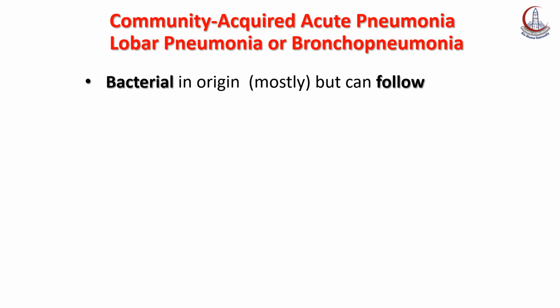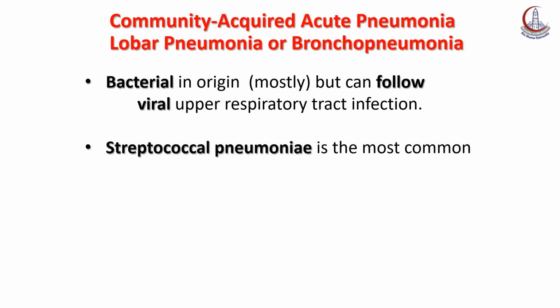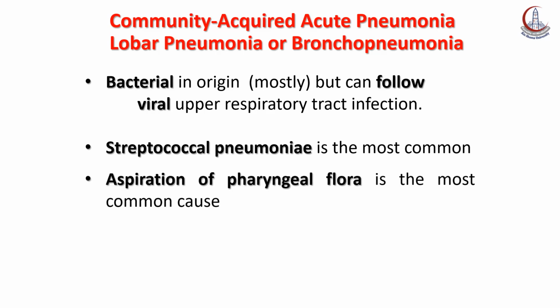Community acquired acute pneumonia, either lobar pneumonia or bronchopneumonia, is mostly bacterial in origin, but it can follow viral upper respiratory tract infection like post-COVID. Streptococcal pneumonia is the most common one causing pneumonia.